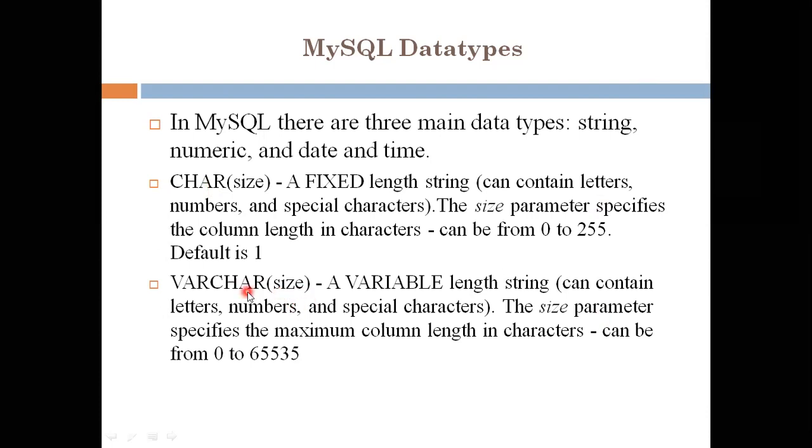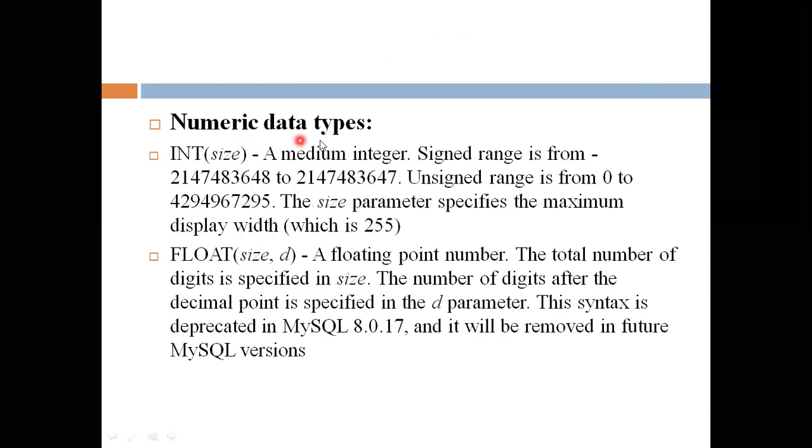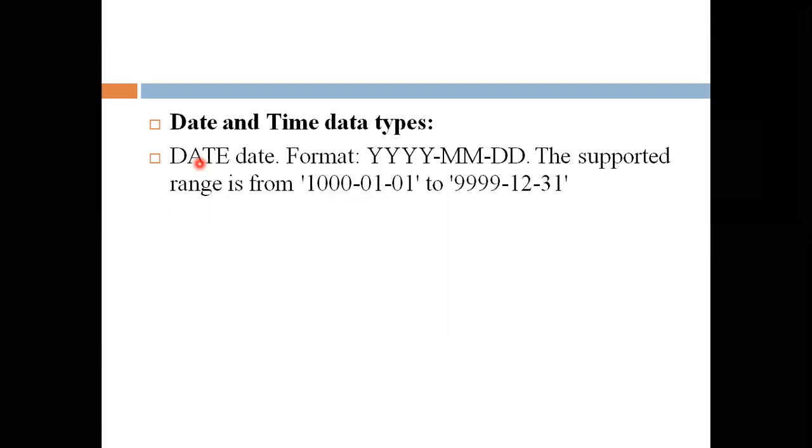In that case I will be using varchar, with a variable size. The second one is integer data, I mean numeric. So integer and float, and we have signed range and unsigned range. Those things we shall talk about when you start working with the database.